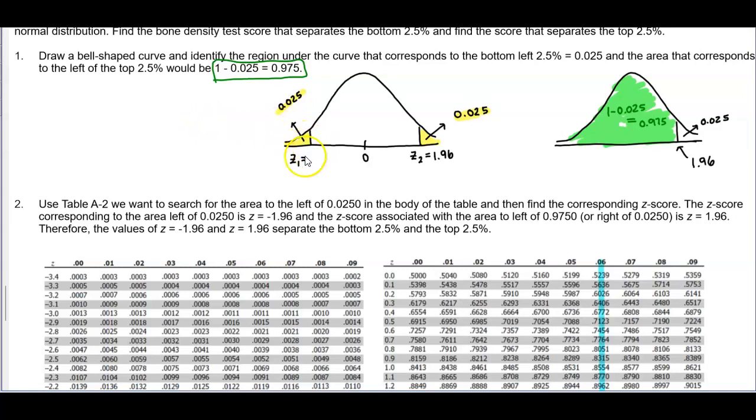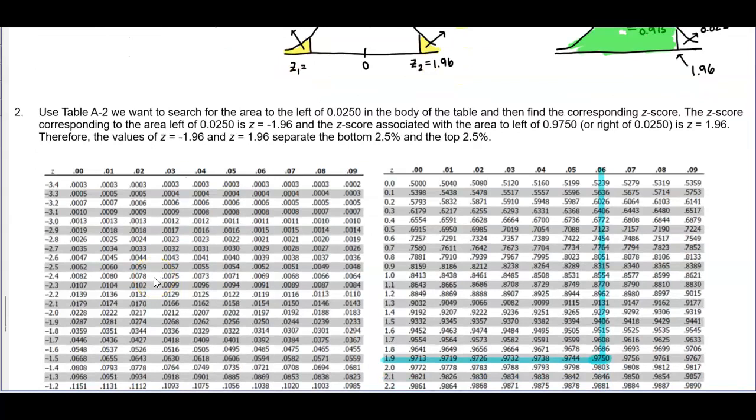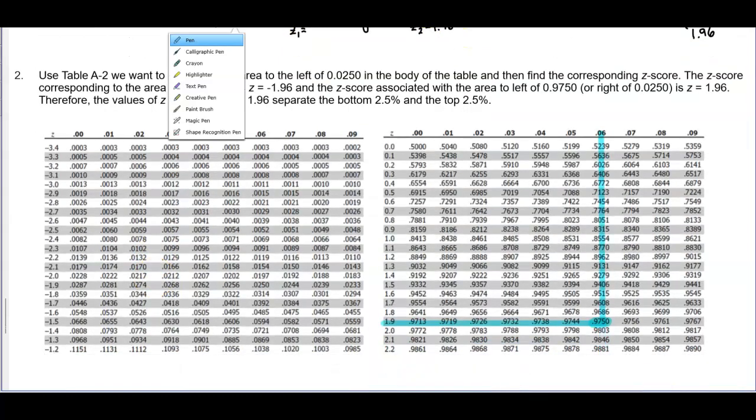Okay, now if we want to find this z-score, we're looking for the area that's to the left of that. So the area to the left of this is 0.025. So let's take a look over here and find 0.025. Where's 0.025?